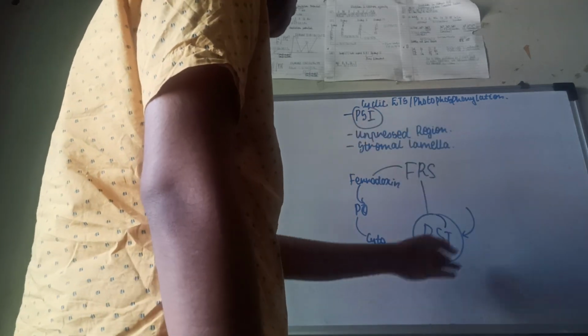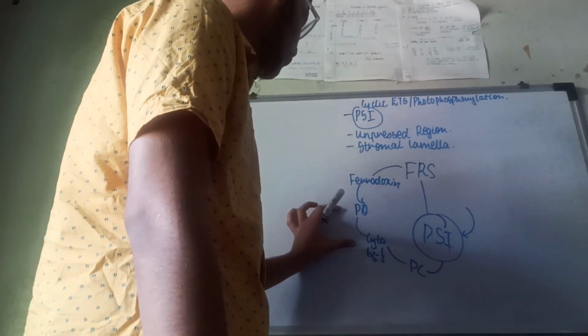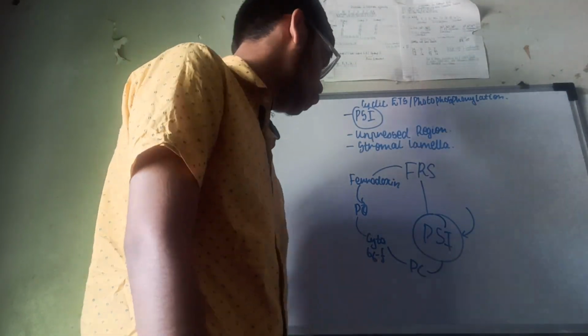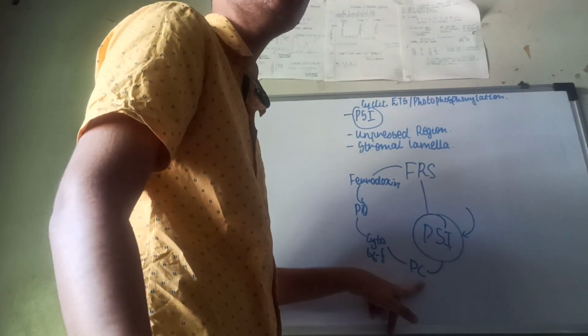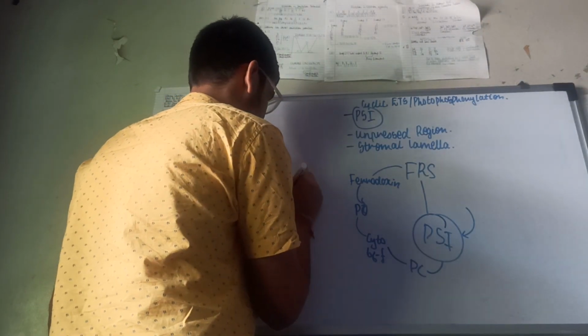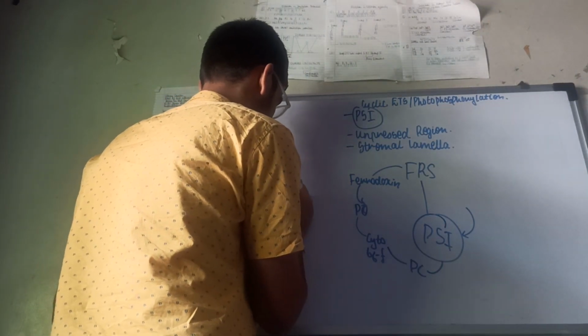This is a cycle, which you can see. PS1 to FRS, FRS to ferredoxin, ferredoxin to plastoquinone, plastoquinone to cytochrome B6F, cytochrome B6F to PC, which is plastocyanin, plastocyanin back to PS1. So only ATP synthesis here.